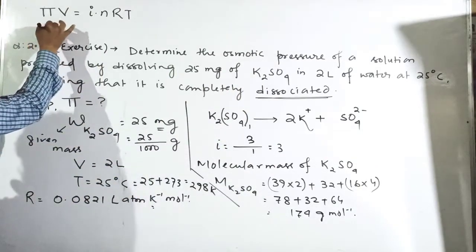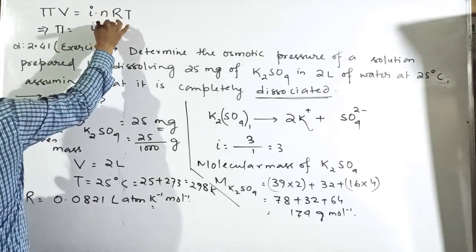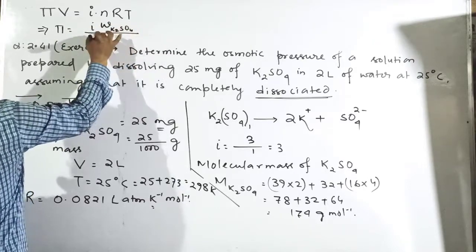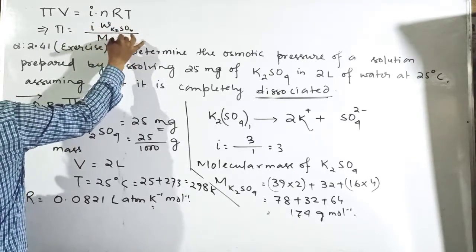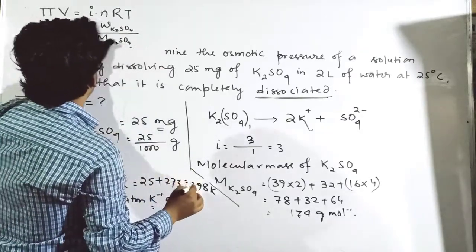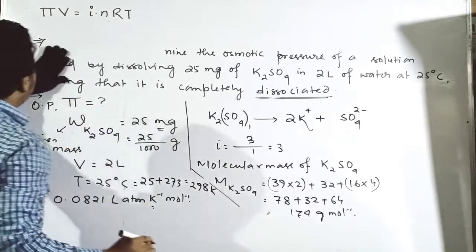What will be pi? Pi is equal to i n R T by V. What is n? The given mass of K2SO4 by the molar mass of K2SO4.